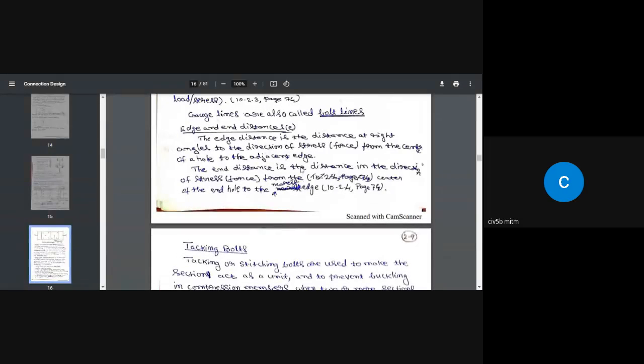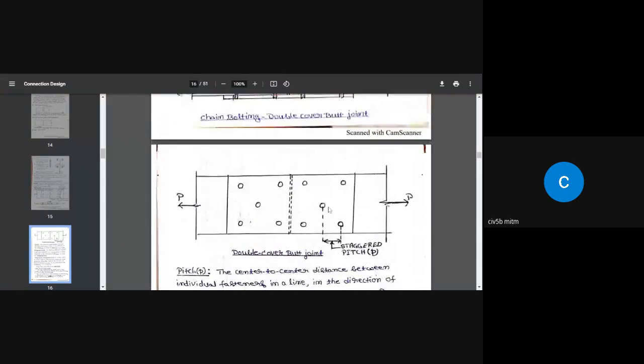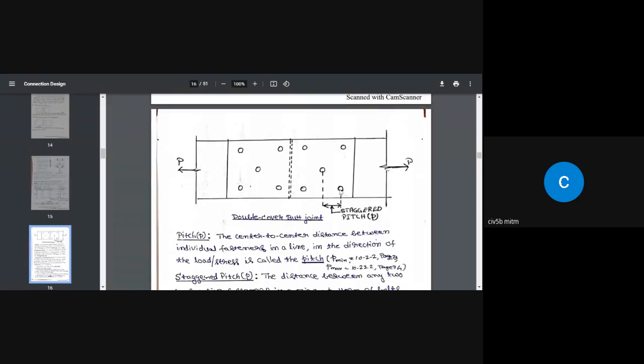Next, when it comes to edge and end distances, I explained it already. So what is the edge distance? Edge distance is measured from the center of the extreme bolt to the nearest edge, in the direction perpendicular to the application of the force.